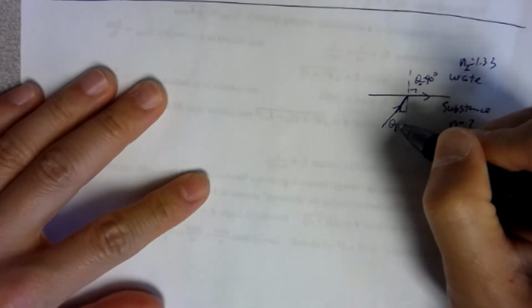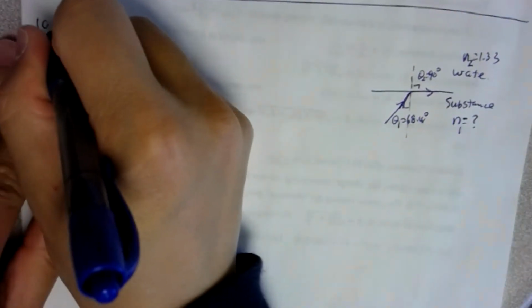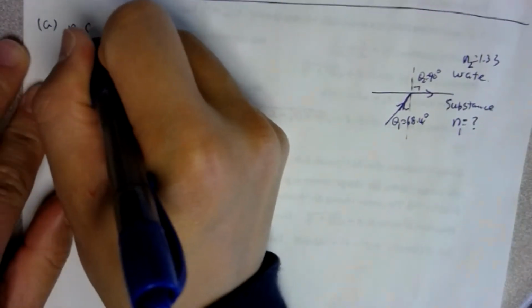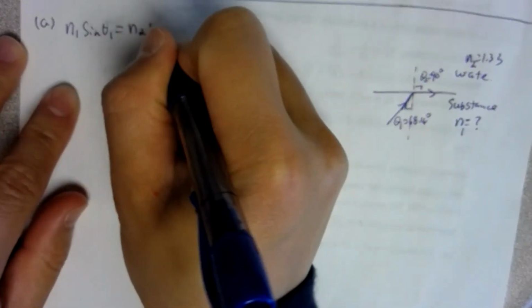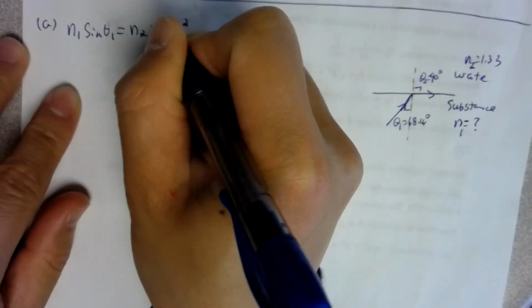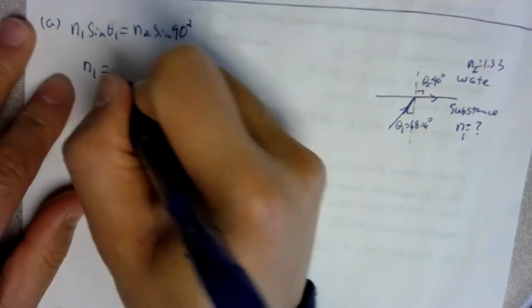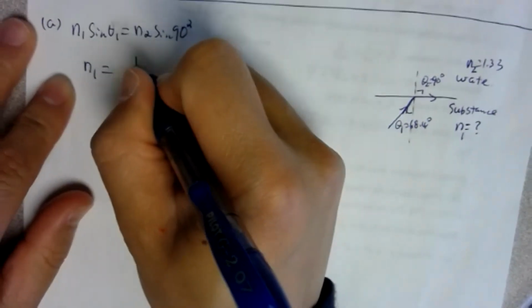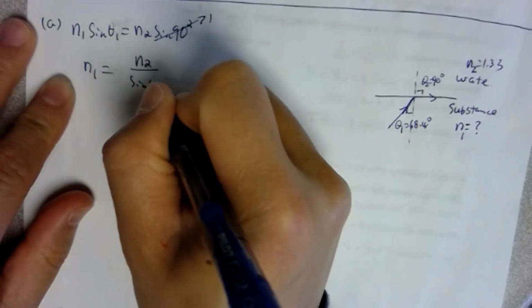And it tells you theta 1 is 68.4. So we can apply Snell's law, n1 sine theta 1 equals n2 sine theta 2, which is 90 degrees, and you can find n1. n1 should be equal to n2, because sine of 90 is 1, over sine of theta 1.